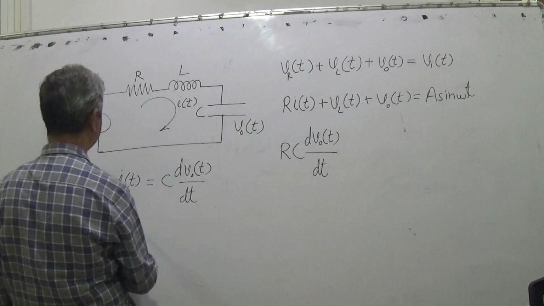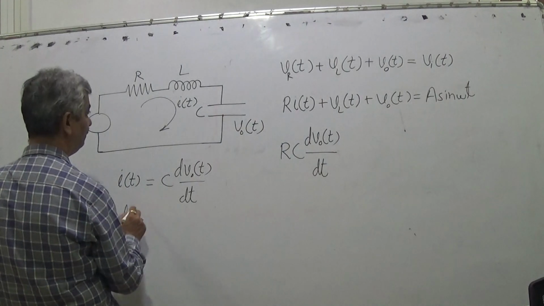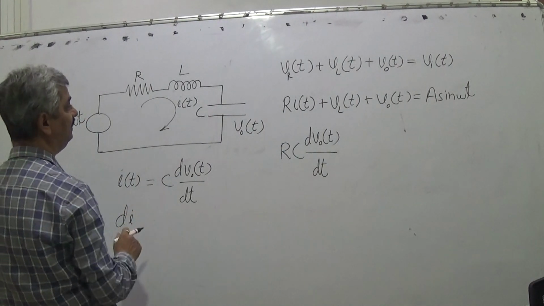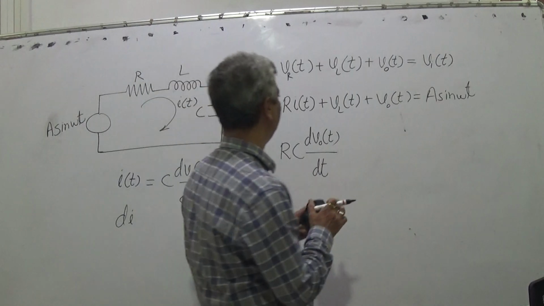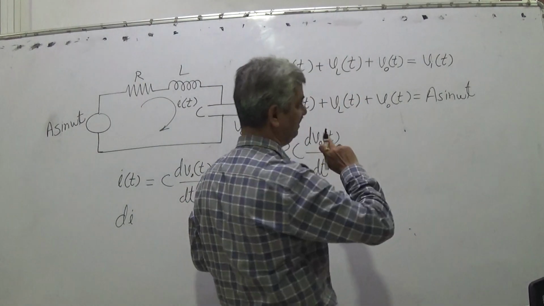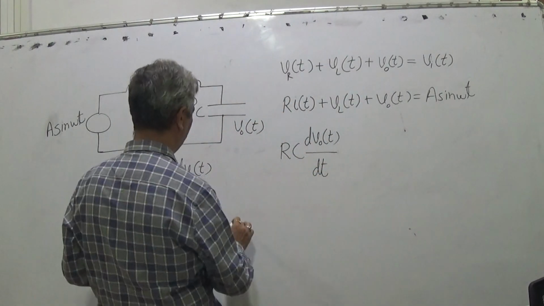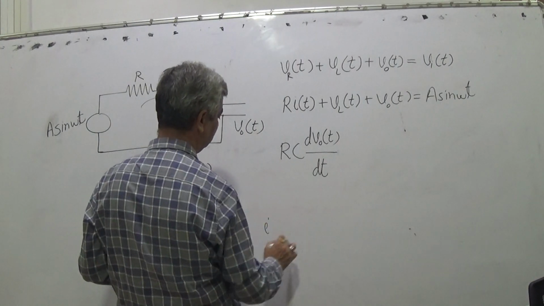And I differentiate it further, because what is VL(t)? What is the relation between V and I for an inductor?